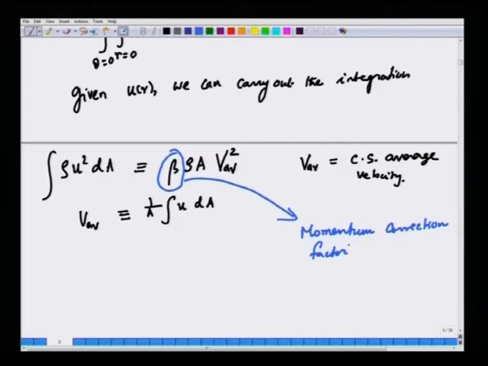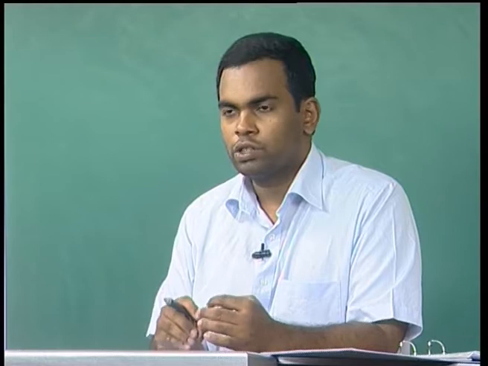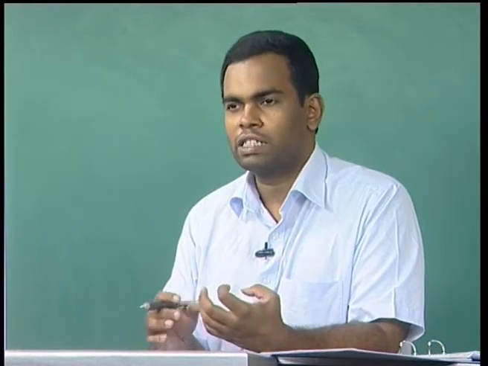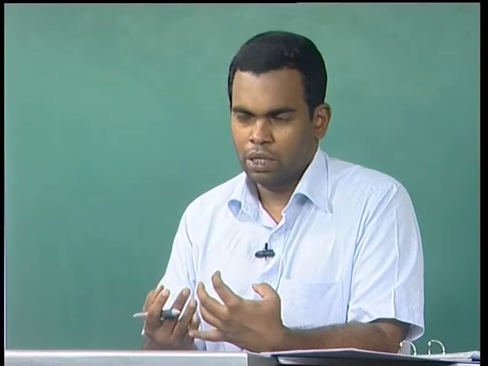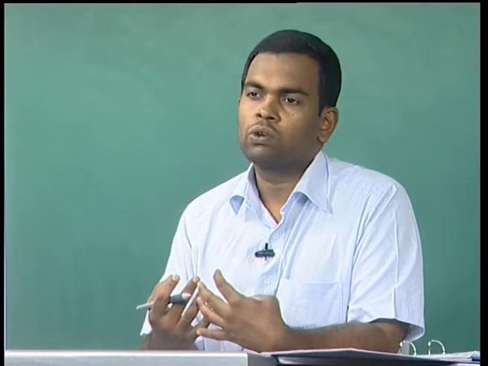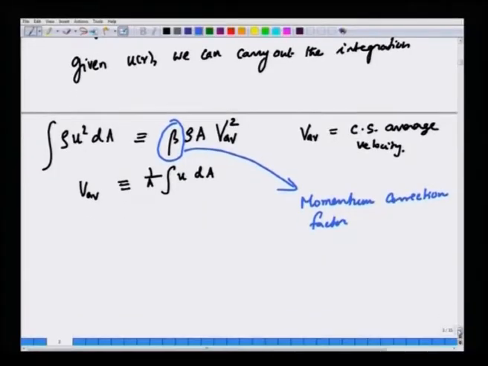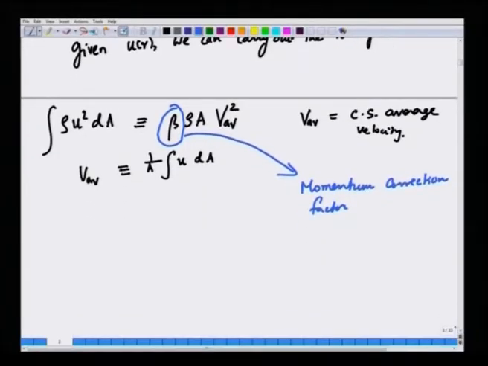So, instead of evaluating this entire integral, if we can evaluate this once and for all and write it in terms of an algebraic quantity, like the average velocity times a factor that accounts for the non-uniformity of the flow, then that will be very, very handy when we do integral momentum balances. So, in order to do this, we have to first calculate what beta is.